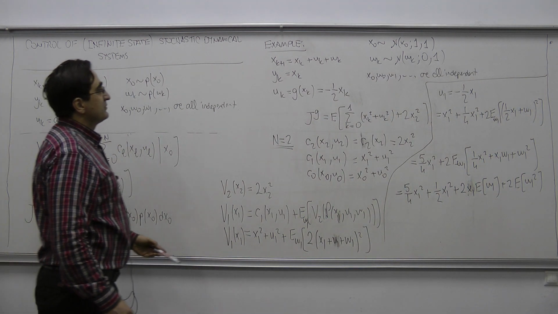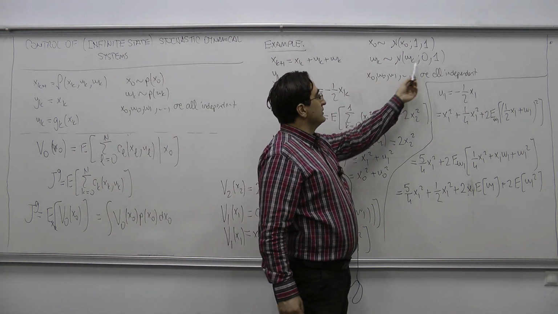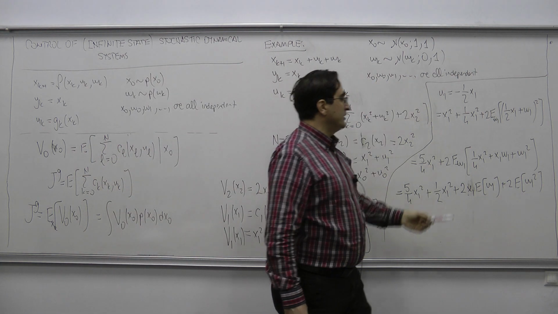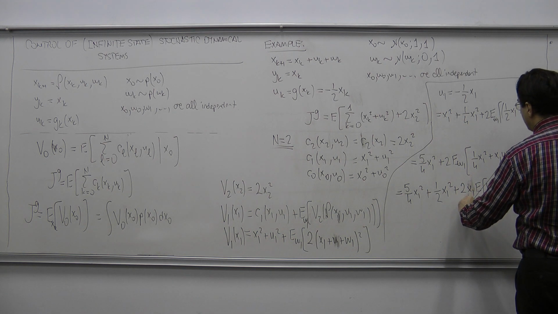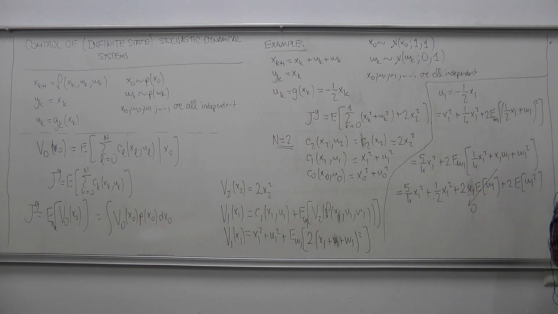Now, W1 is distributed according to this Gaussian distribution. Its mean is 0, which means that this term is 0 here. Okay? And its variance is 1. And this is nothing but the variance of W1. So this term is 1. Okay?